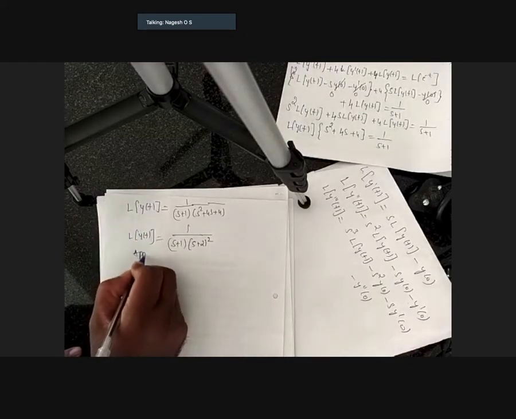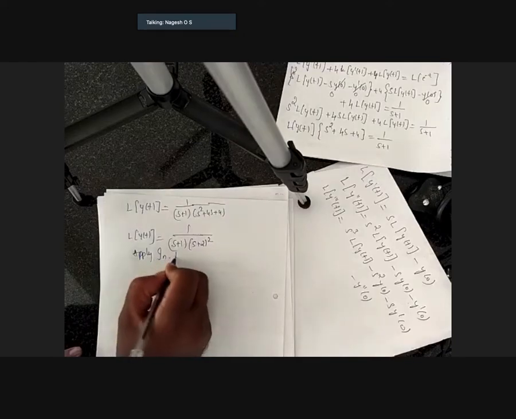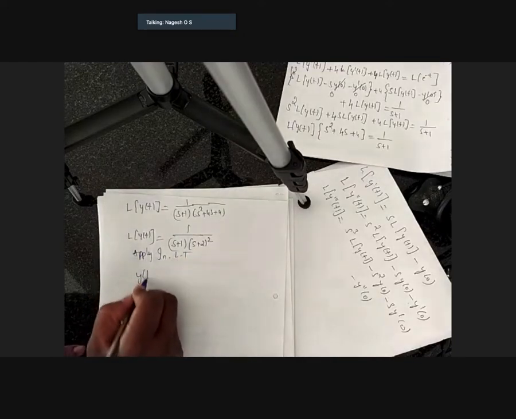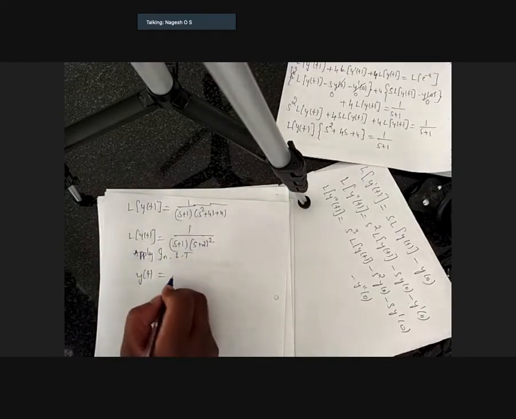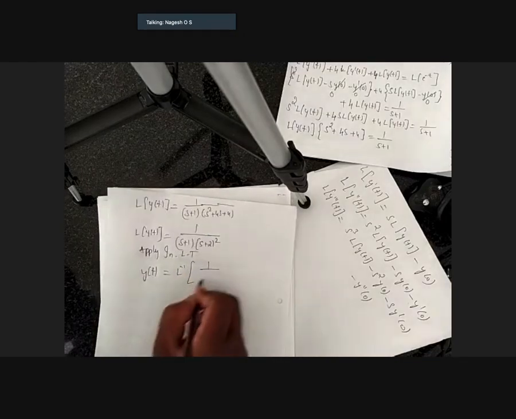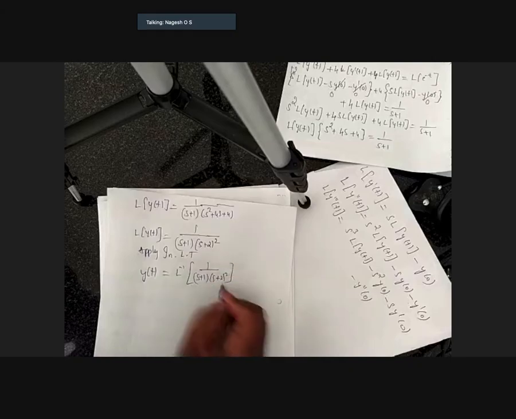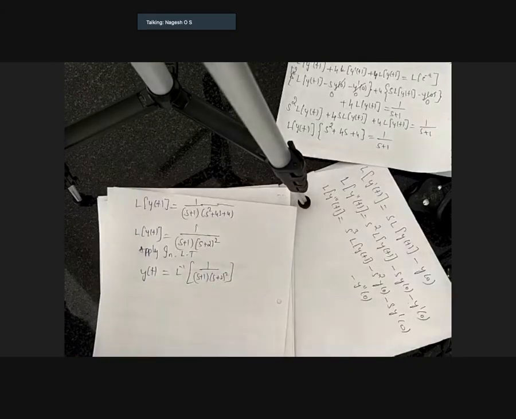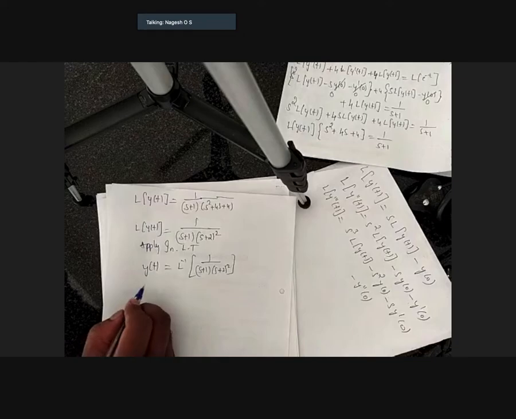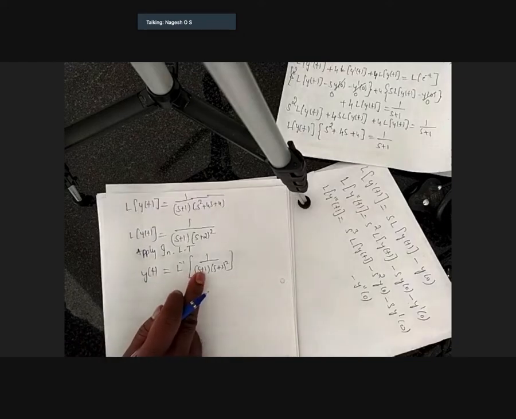Apply inverse Laplace transform. y of t is equal to Laplace inverse of 1 by (s plus 1)(s plus 2) whole square. To find the Laplace inverse of this, apply partial fractions again because we need to separate this denominator.